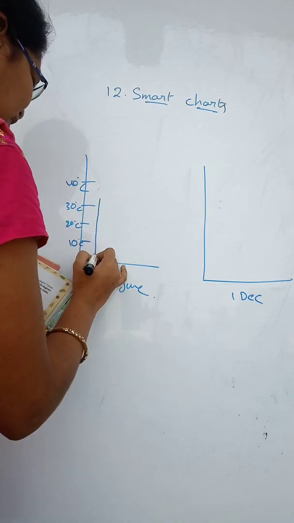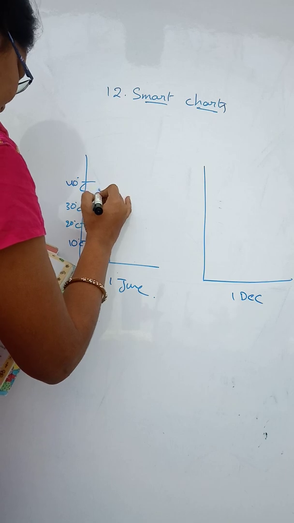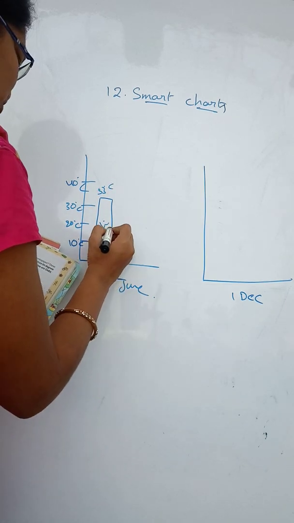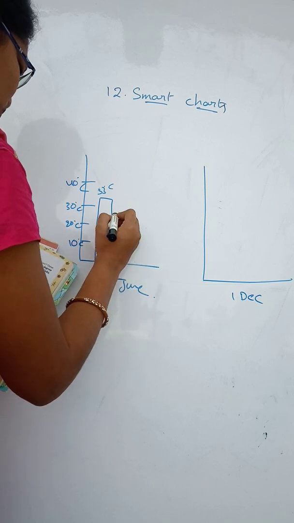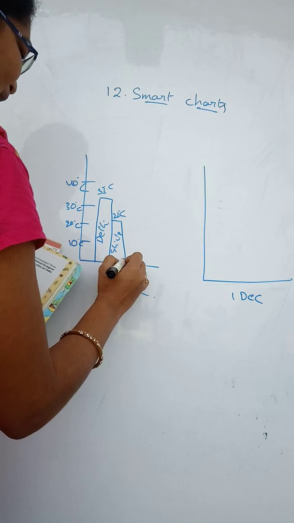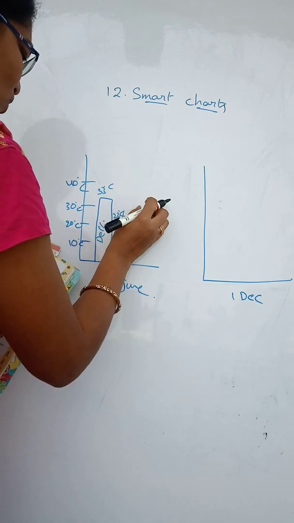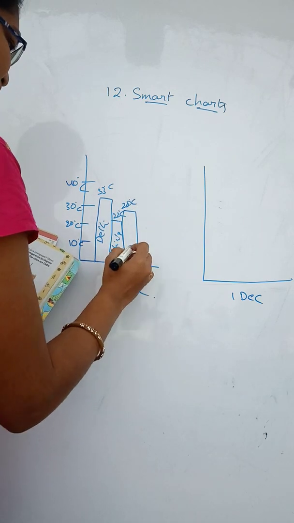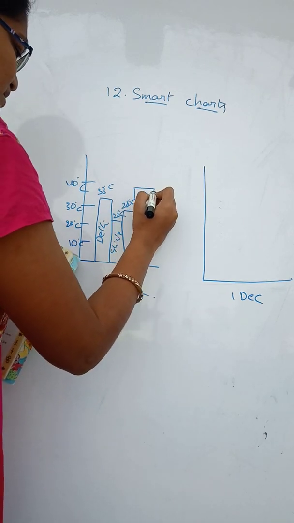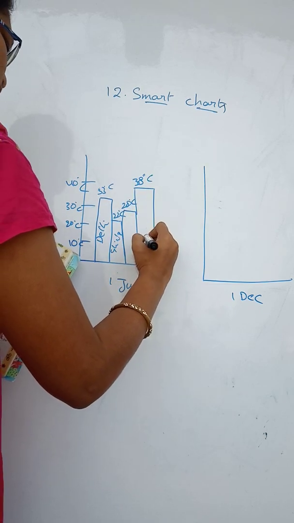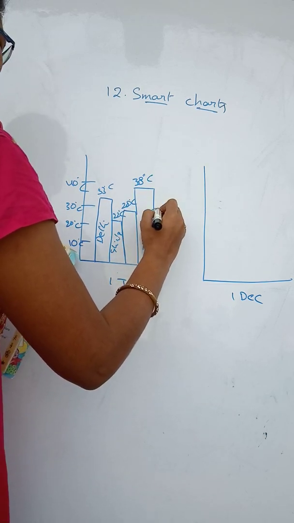In Delhi 33 degrees Celsius, Shimla 22 degrees, Bangalore 28 degrees, Jaisalmer 38 degrees.